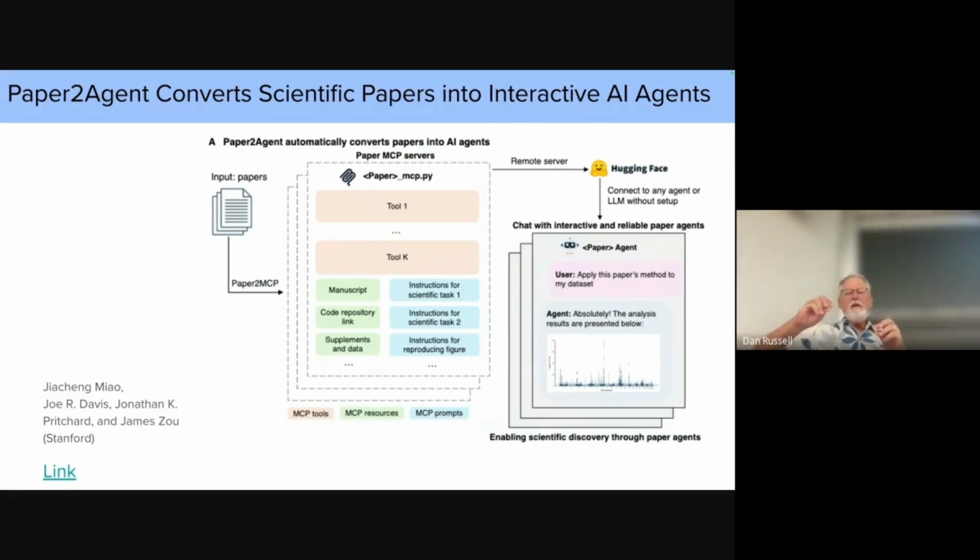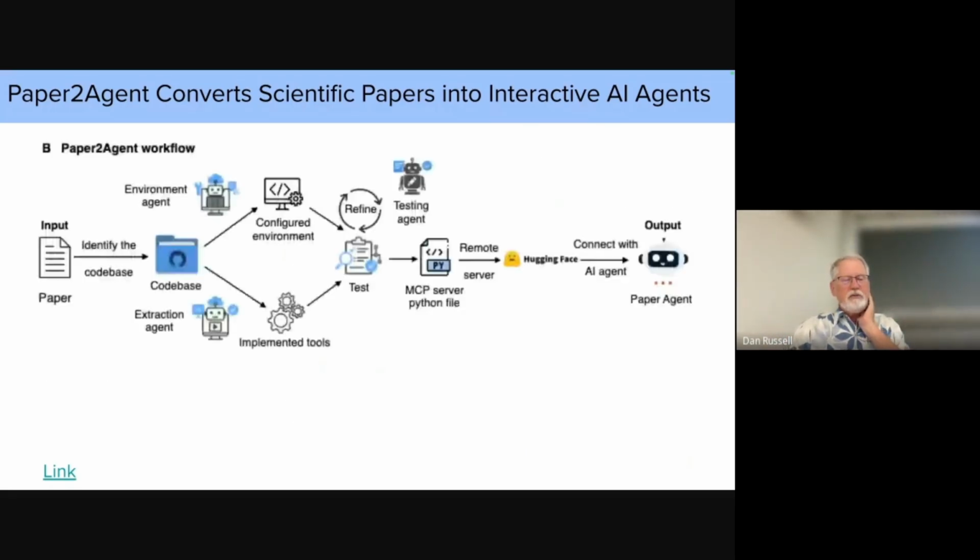They create this interactable thing, much like Notebook LM does. You take the paper, it processes it, and creates a nice representation with interaction and visuals and all that. Very nice piece of work. That's the workflow they've got there. Ultimately, they create this thing called the paper agent, which to them is an interactive version of the paper.